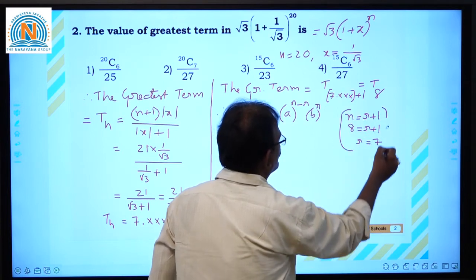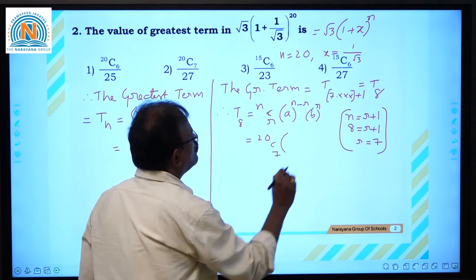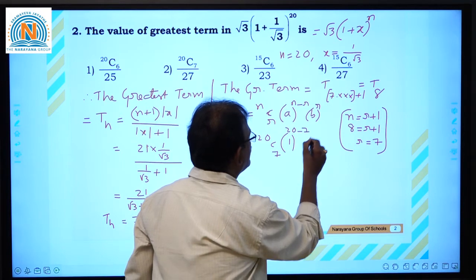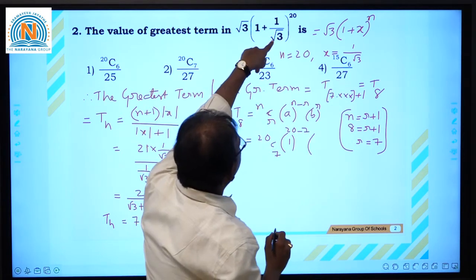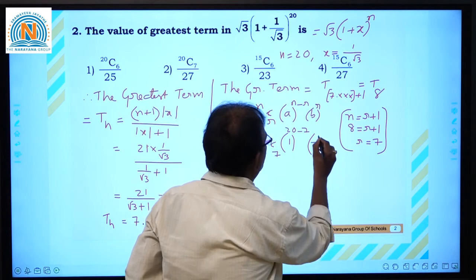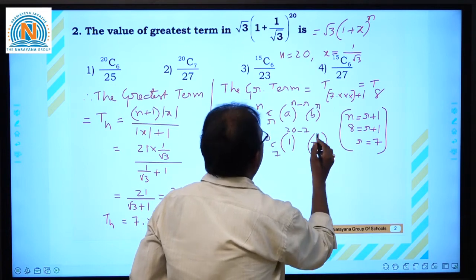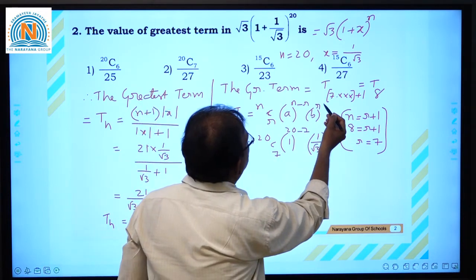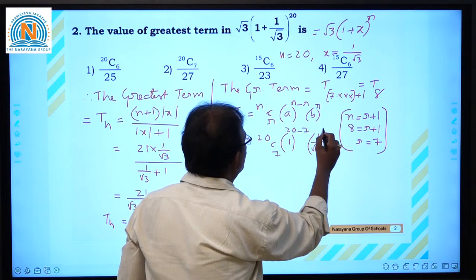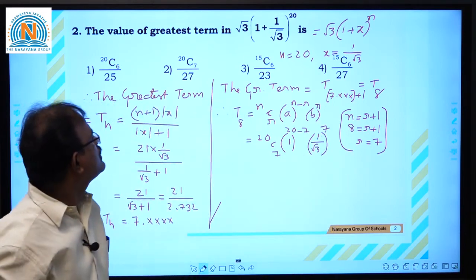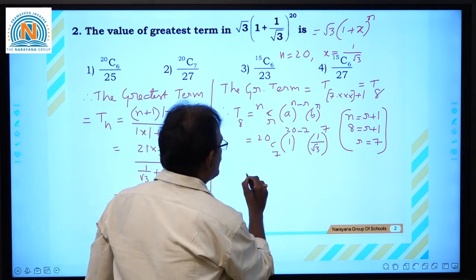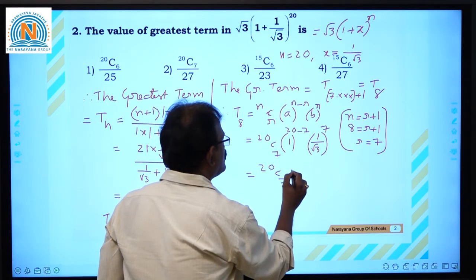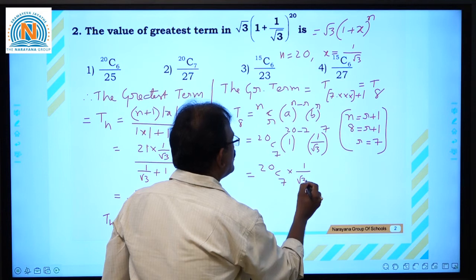So 20C7 into a, the first term, this is 1, to the power 20 minus 7, and b is 1 by root 3, x is equal to 1 by root 3, whole power. How much is it? b power r, r means this is 7. Now this is 20C7 into 1 by root 3 whole power 7.